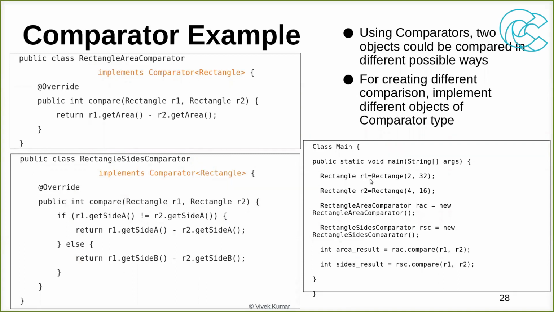It will say R1.compare(R1, R2), which is odd, right? So it's easier and cleaner if you just separate this out and push it outside of the Rectangle class, something like this. Did that answer your question?